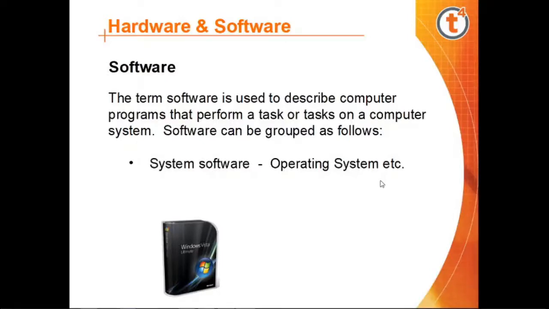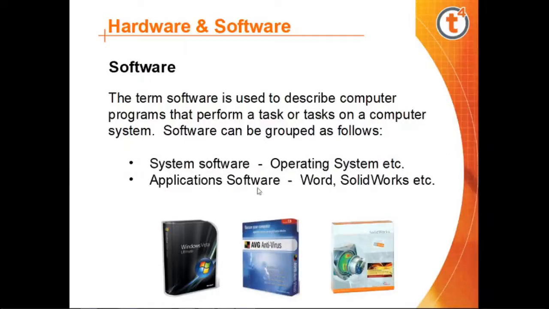Also, we have the Linux operating system, whose versions are separated, like Fedora, Red Hat, and many more. Next is application software. Application software works on operating systems. So we have Word, Paint, SolidWorks, etc.